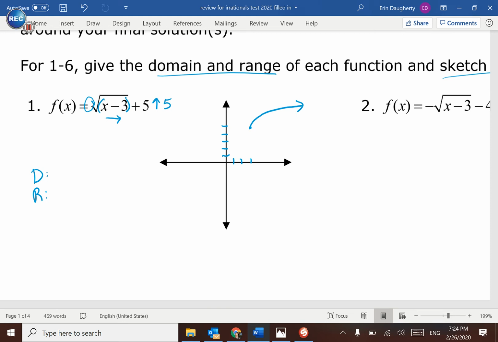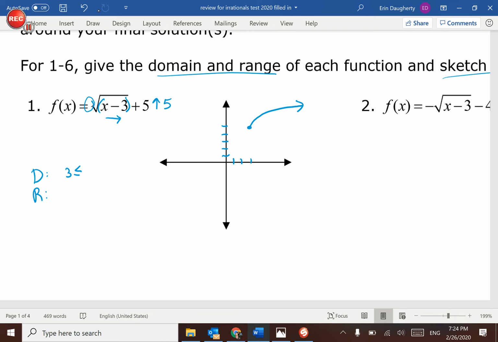All right, now looking at the domain and range, my smallest x value, shifting from left to right, would not be negative infinity. The smallest domain on this one would actually be positive 3. Okay, and I have all the values on the right side of positive 3, and we can include 3.